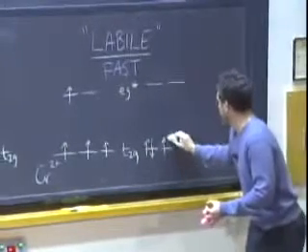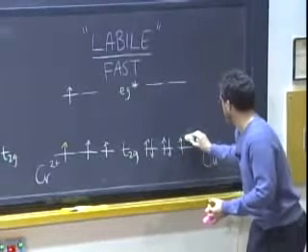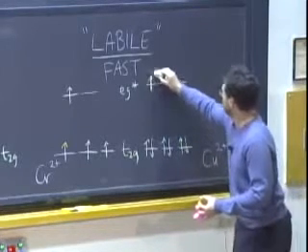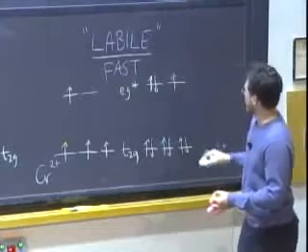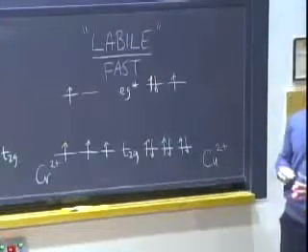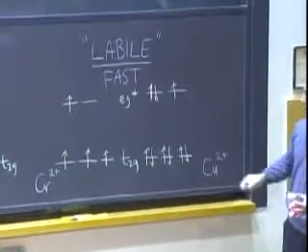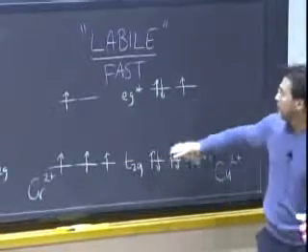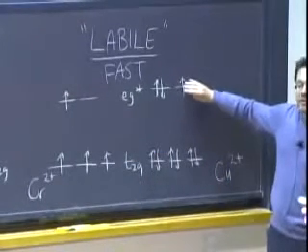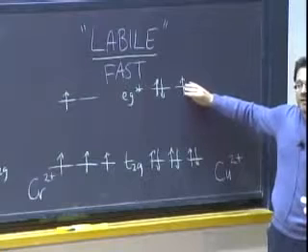And this is a d9 case. So the electrons go in like this, and this is an S equals 1/2 system with a single unpaired electron. Both of these are paramagnetic. Both of these have population of Eg star.